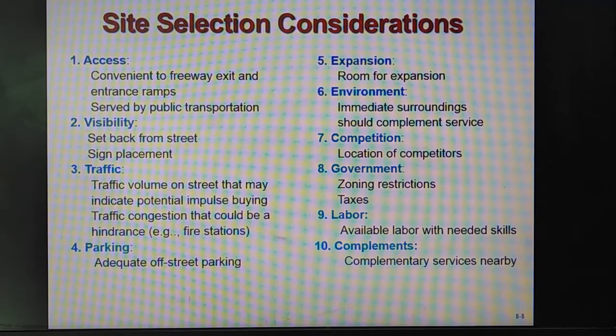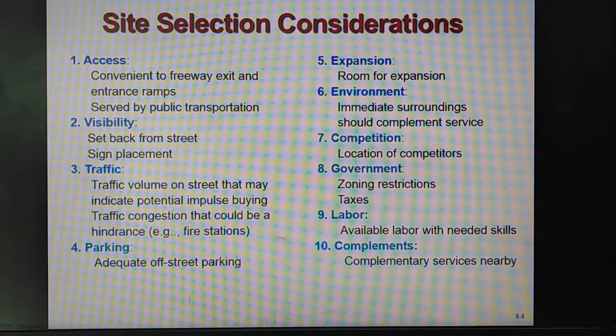Third, a consideration for site selection is traffic. Is there traffic volume on the street that may indicate potential impulse buying? For example, certain customers are not intending to buy, but when they notice your notice board and your offered product or service, they impromptu decide to buy due to the traffic flow highlighting your business.